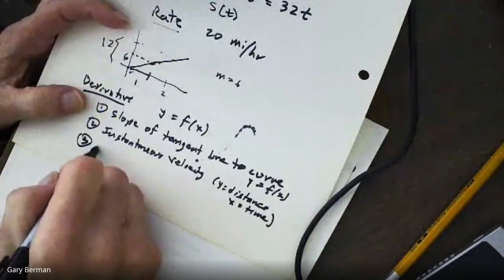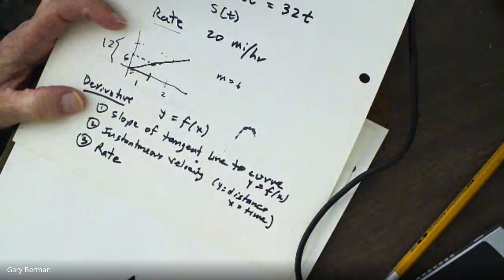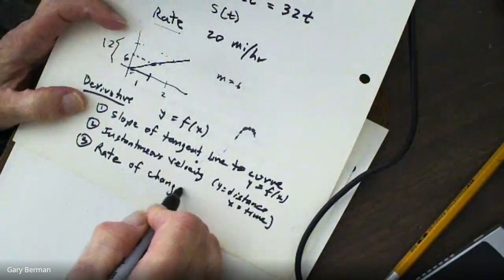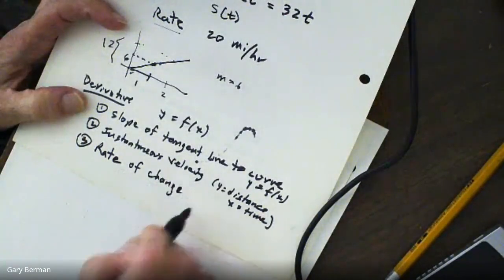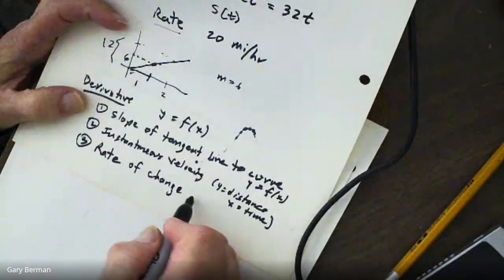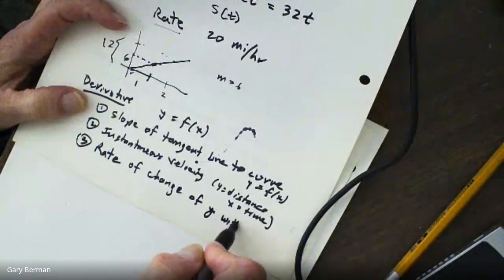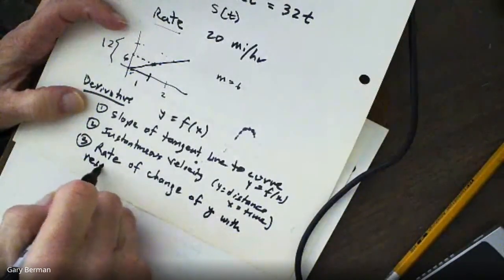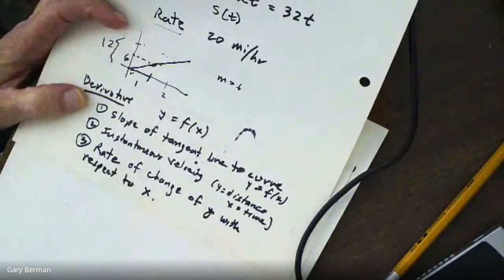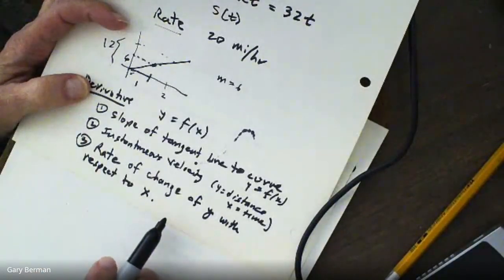The third thing, and again, these are really saying the same thing in different ways, is it's the rate of change. Now I'm going to throw another curveball at you. It's the rate of change of y with respect to x. Now, before everyone breaks down in tears here, let me give you a moment to write this and explain. I know this is a lot.